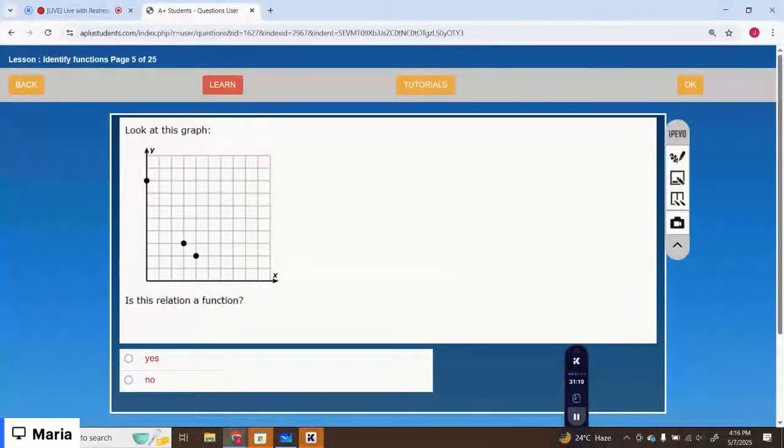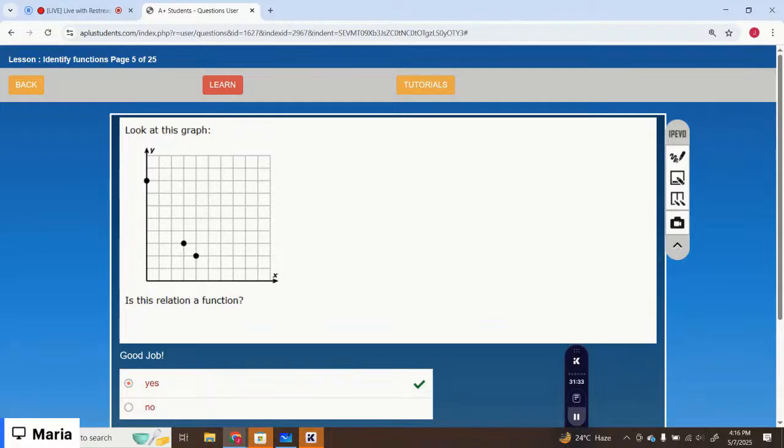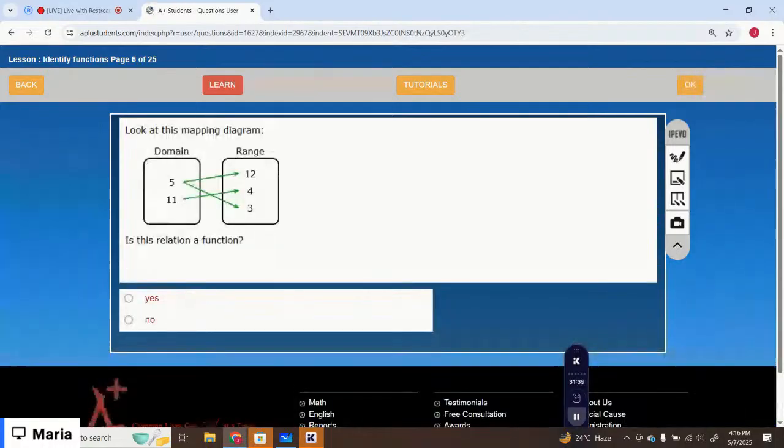Is this relation a function? Yes, it is. Option number one is the correct option. Is this relation a function?